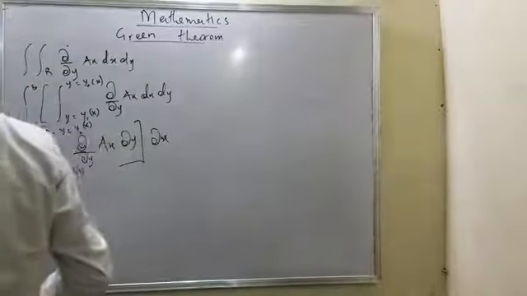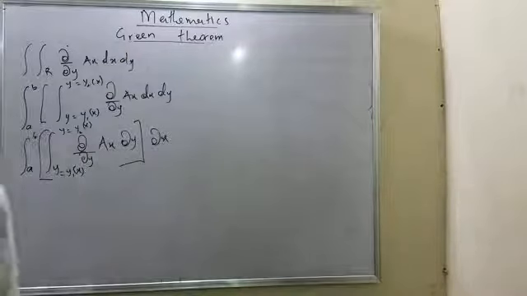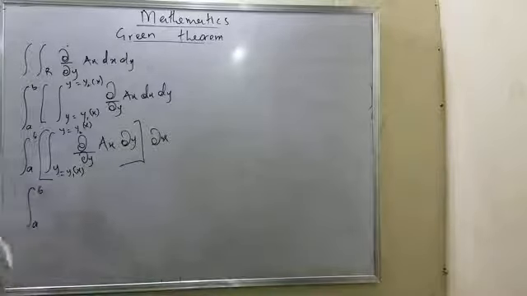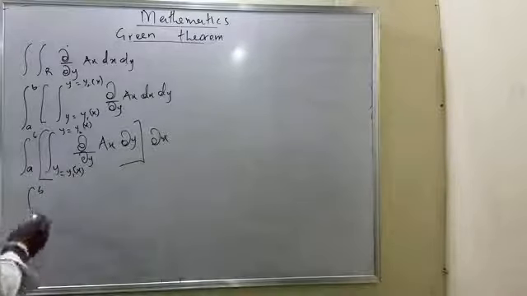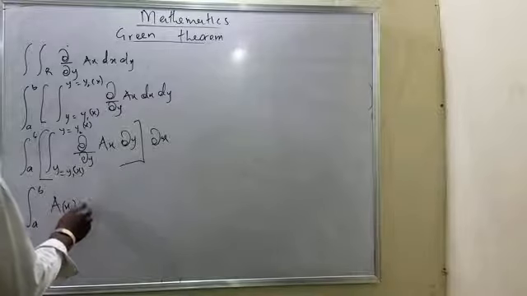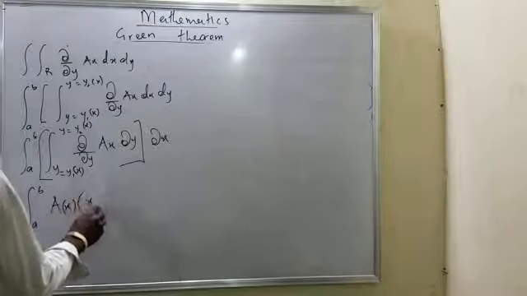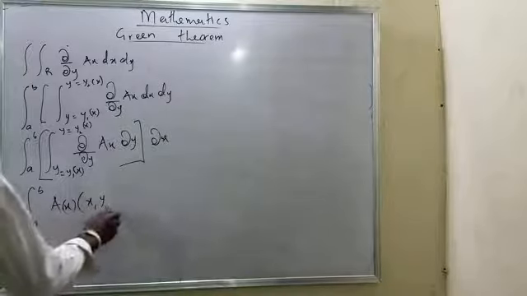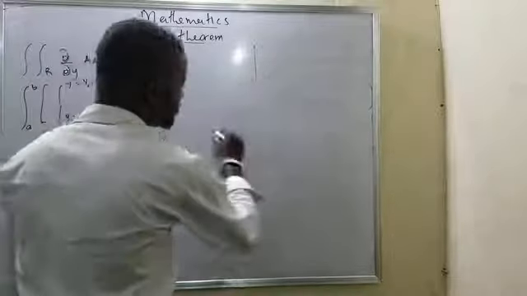Since I will be running that first, once I integrate the first integral, it will give me the integral from a to b, lower limit, upper limit. For this case, I'll have A of x with function x1, y1, x1, y2. I'm using something like this.